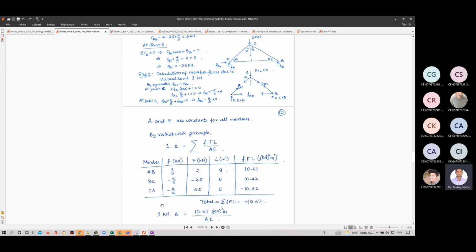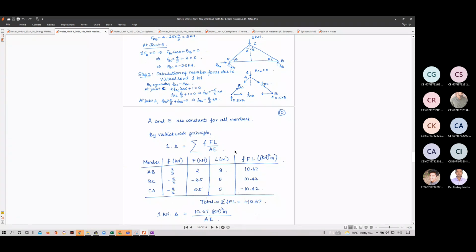So now I write member, I write small f, which is the forces in the members due to unit load. Now capital F, forces in the members due to applied load, the actual real loads. This is the length. And of course, if area and Young's modulus vary, then A by E has to change. But here AE is constant. So I am just considering F, small f, capital L.